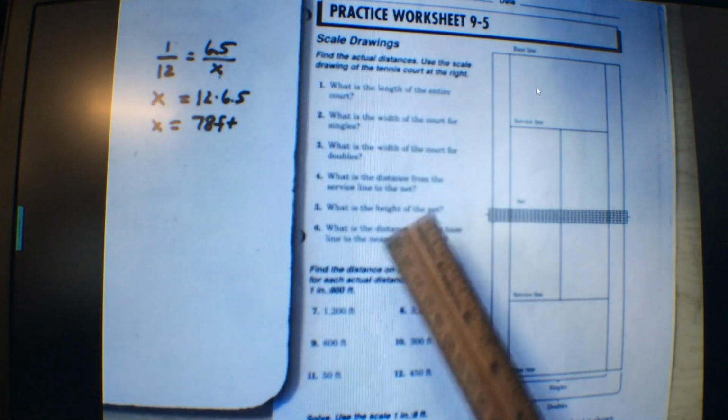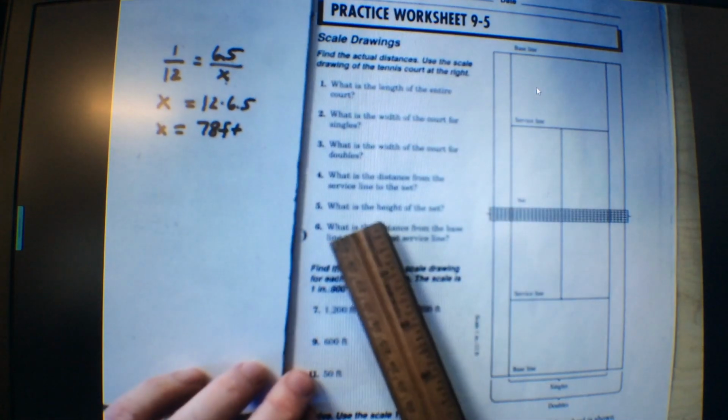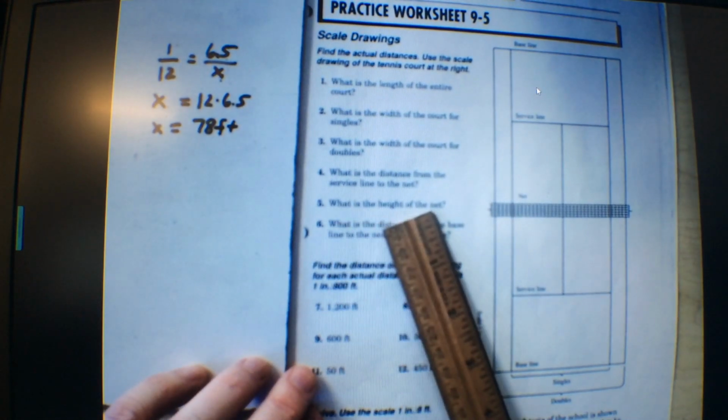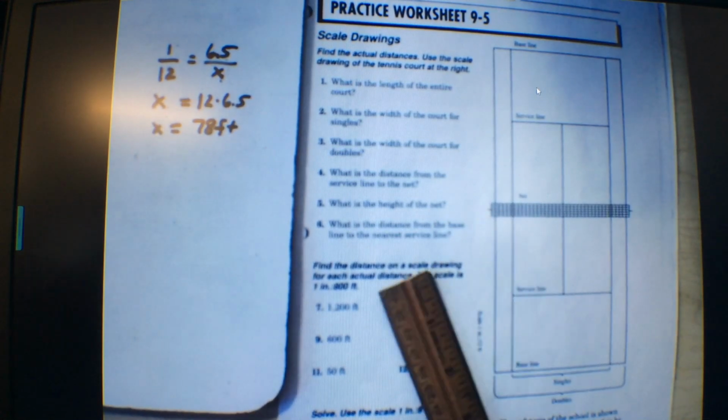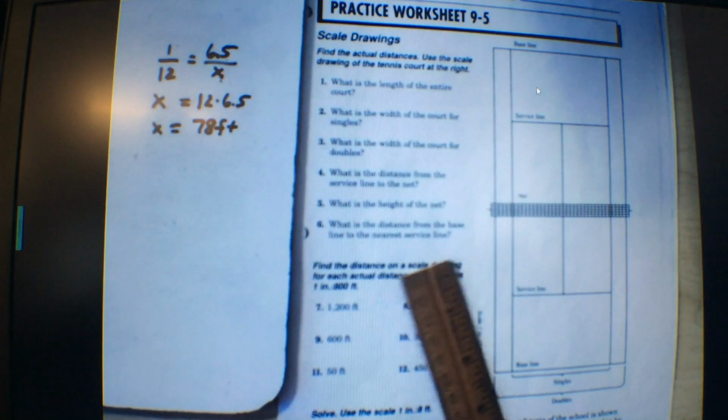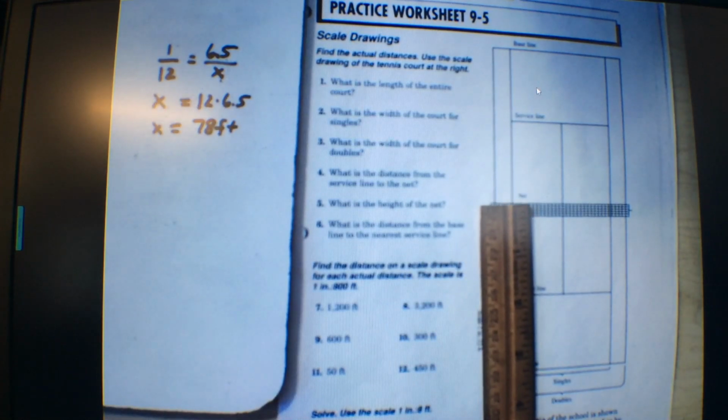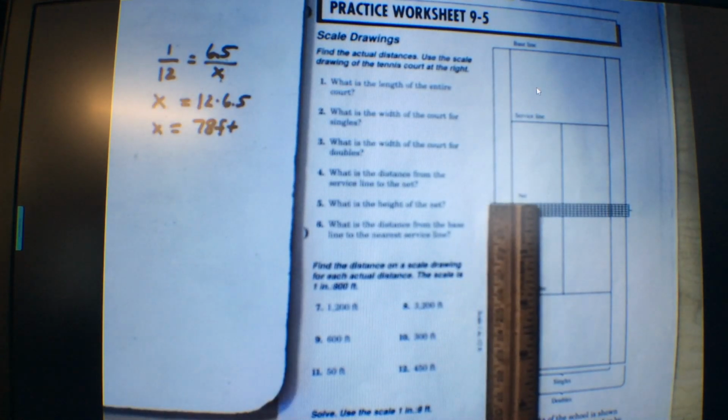Okay? Alright. The other one I wanted to talk about on this particular one, the top 6, is the net. Because it says, what is the height of the net? Here's the net here. They got the net going sideways so you can actually measure the height of it. That's probably not right. But how big is that net?